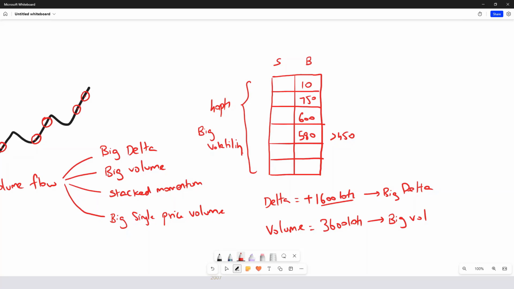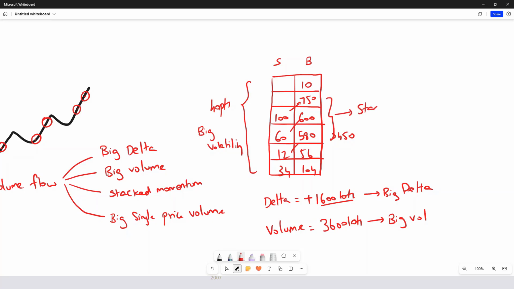So my stacked momentum will be something like this: last time we discussed that we have to compare diagonally. If I compare diagonally, it is at least 5 times bigger. You can see high volatility bars, high momentum bars, these 3 bars are momentum bars.